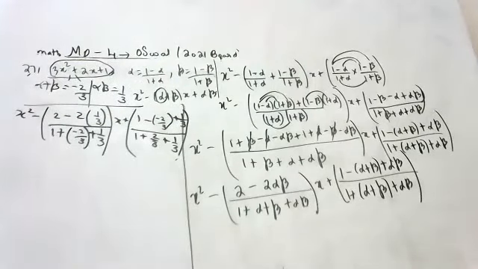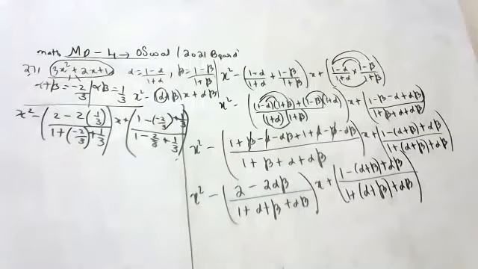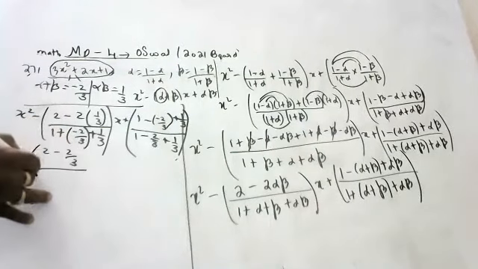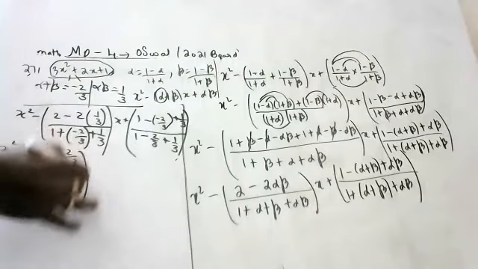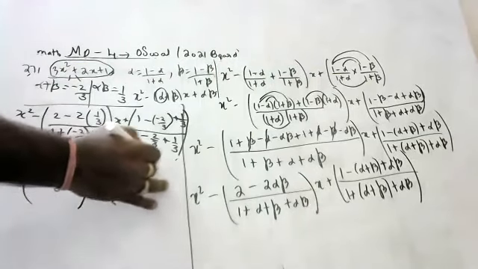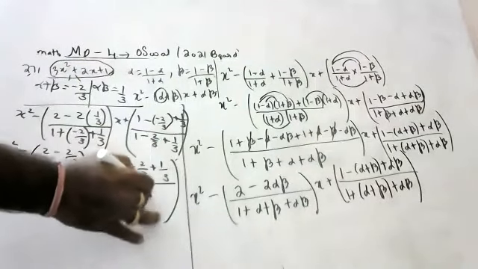Sir, minus 2 by 3? Why minus 2 by 3? Alpha plus beta. Okay, minus 2. So, children, x square minus 2 minus 2 by 3 by 1 minus 2 by 3 plus 1 by 3, whole x plus 1 plus 2 by 3 plus 1 by 3 by 1 minus 2 by 3 plus 1 by 3.